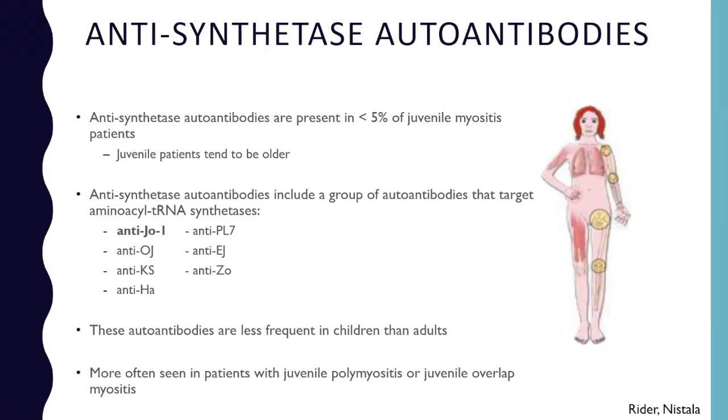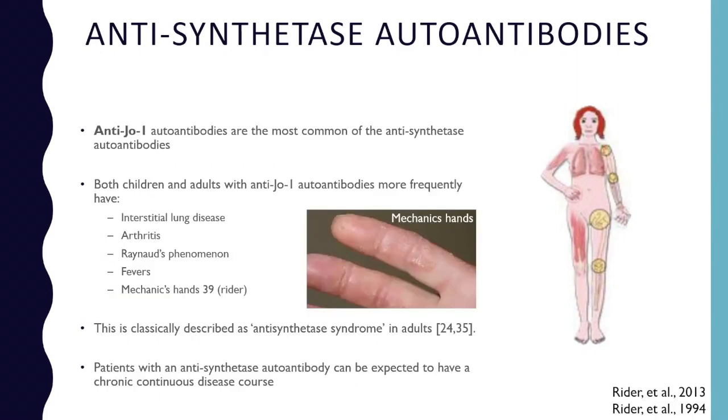As I said, these autoantibodies are less frequent in children than adults, and they are more often seen in patients with polymyositis or overlap myositis. Anti-Jo1 is the most common of the anti-synthetase autoantibodies. Children and adults with anti-Jo1 autoantibodies more frequently have a combination of symptoms that can be collectively described as anti-synthetase syndrome.